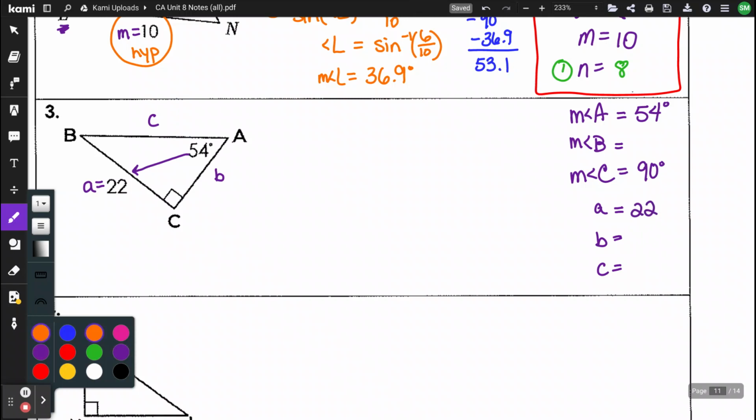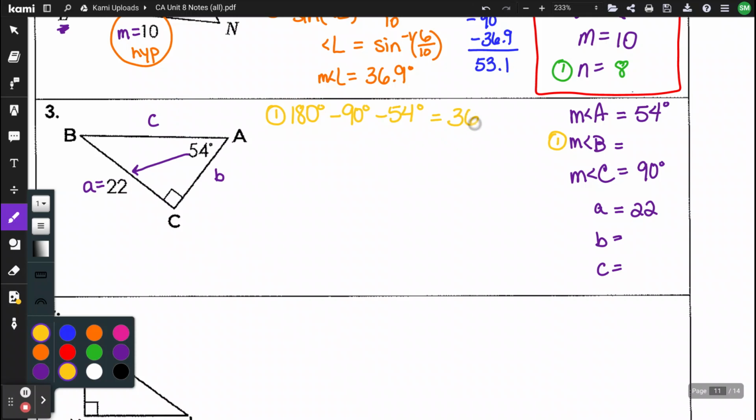Now, pick your battles. Pick what's going to be easiest to solve for. I'm looking at this, I have more angles than sides, so it's going to be really easy to solve for the measure of angle B. So let's start there. All 3 angles add up to 180. So we're going to subtract the 90 and subtract the 54.